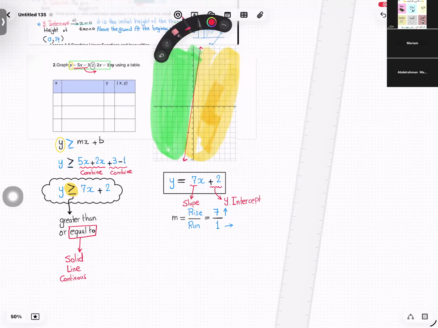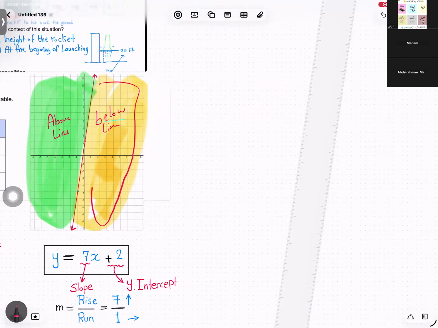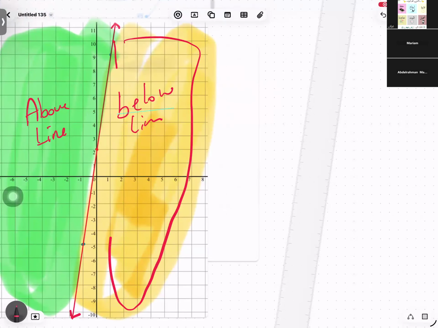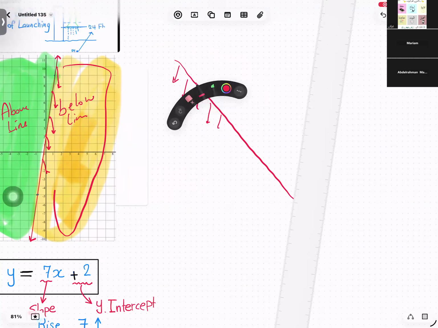What does it look like, right or left? No, this is called below the line. If it's on the right it's not always below; it depends on the line's inclination. Here, because the line is inclined like this, below the line will be on the left.